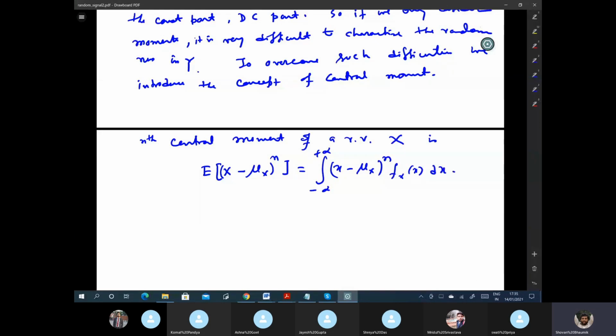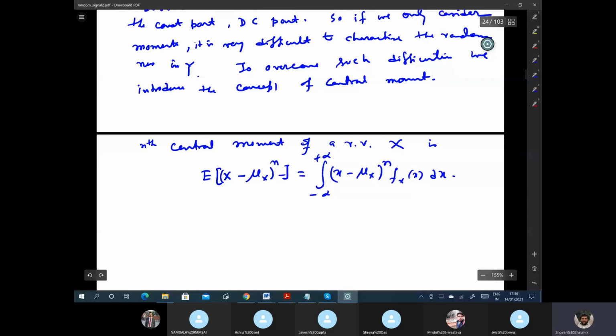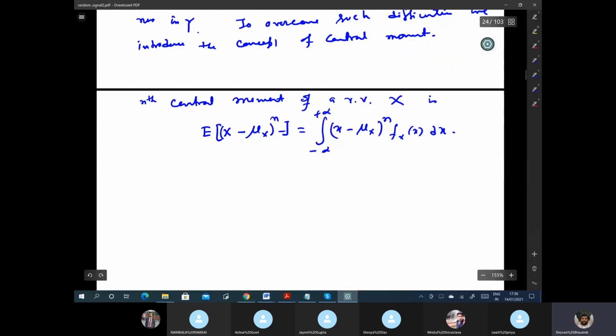Now you see, when you subtract mu x, the DC part, that means this a, is removed, and only the noise part will remain, and the moments will give more important information or can characterize the noise.